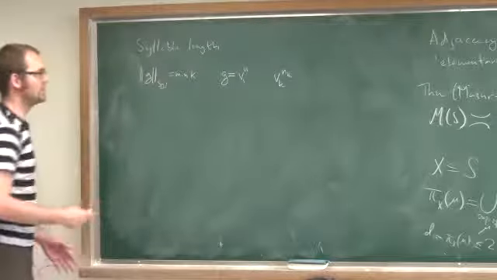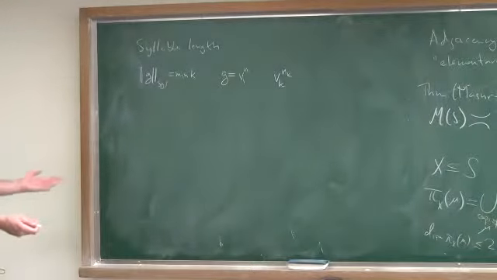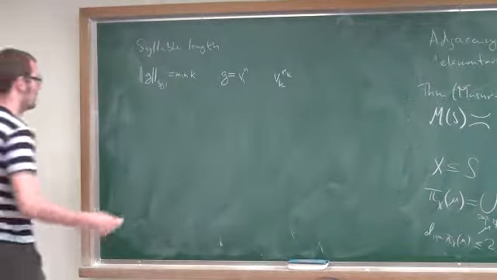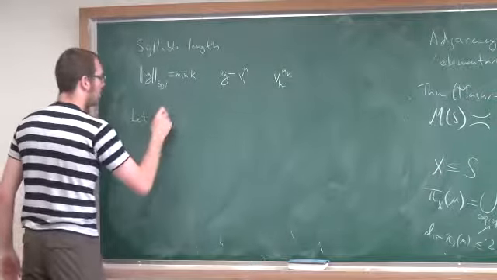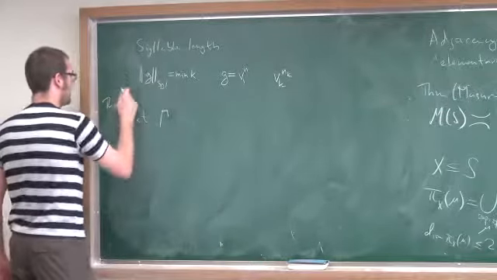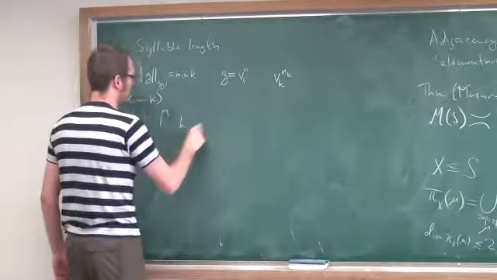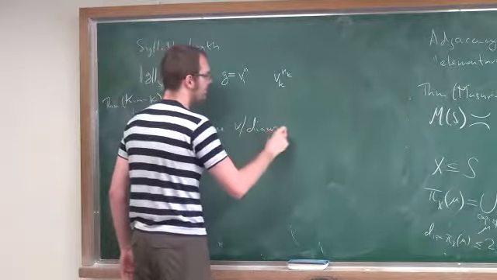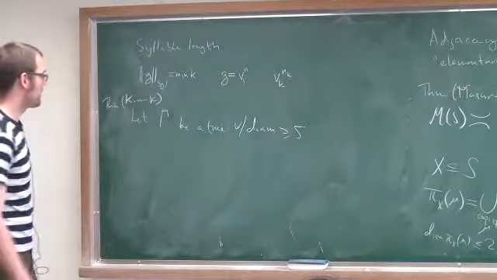And so I'll just state one example of a distance formula in sort of its nicest case, namely in the case where the original graph was a tree. So let gamma be a tree with diameter at least 5. We need this assumption for technical reasons.